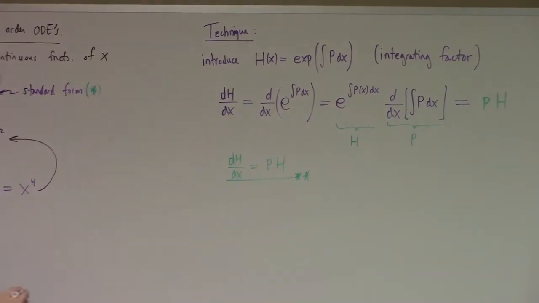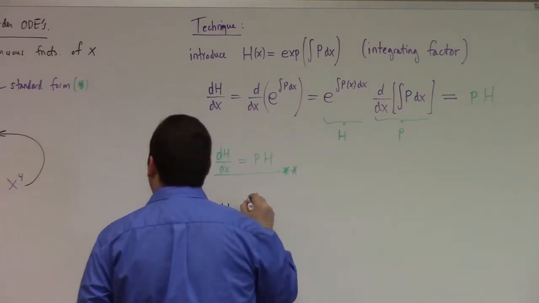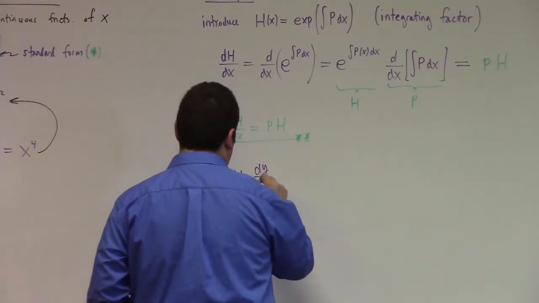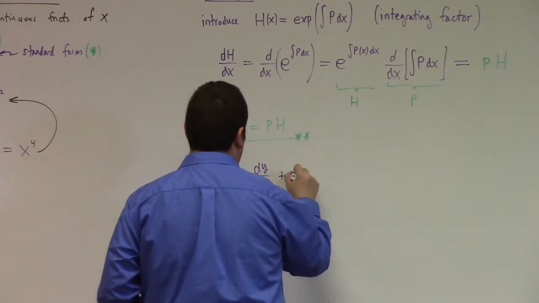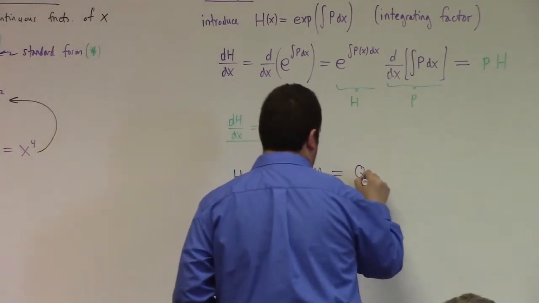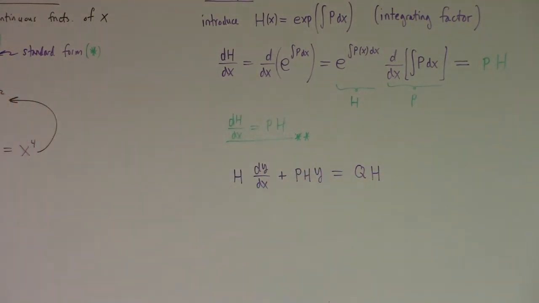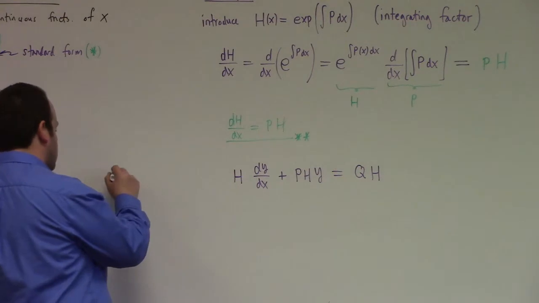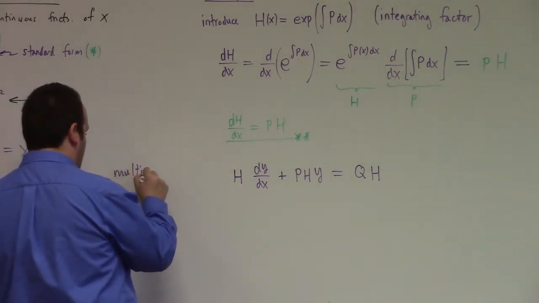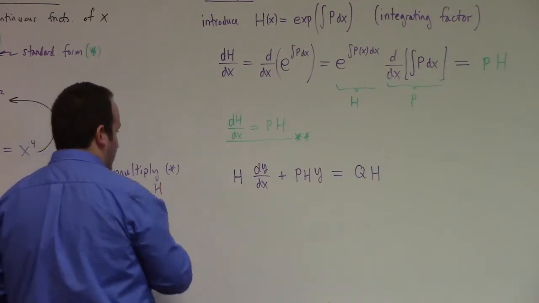So if we say h times dy dx plus ph times y is equal to qh. So multiplying star by the integrating factor h.